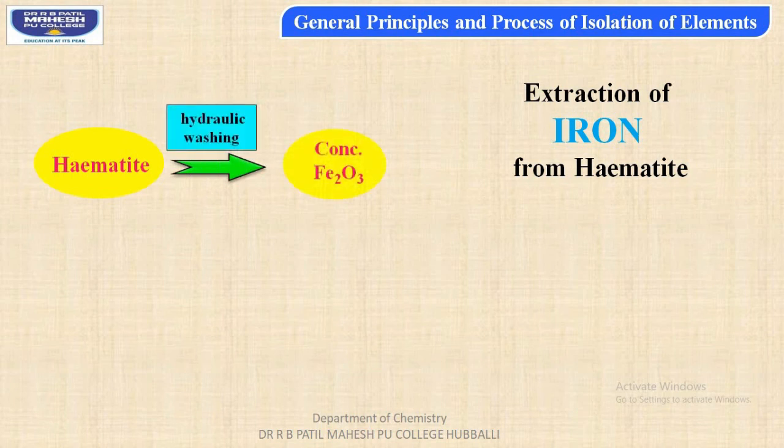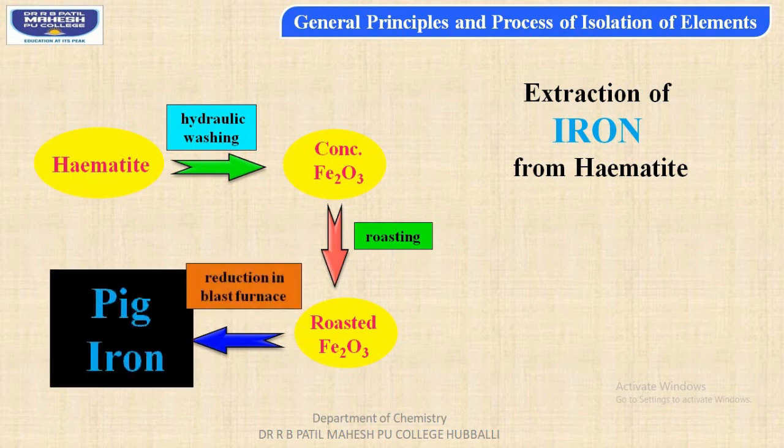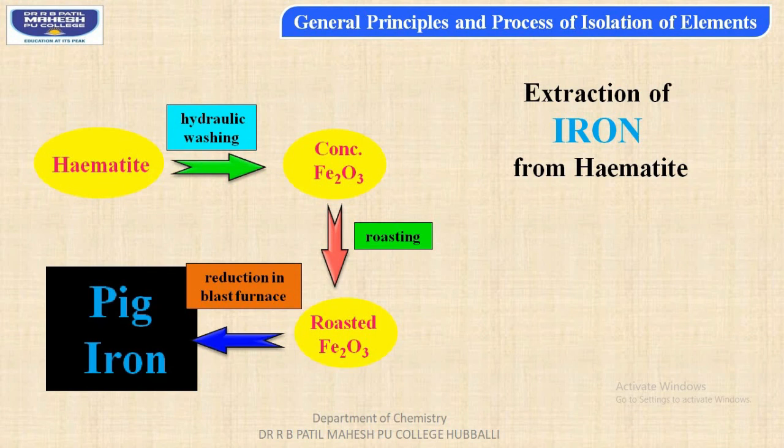So we get concentrated ferric oxide, which is then subjected to the roasting process, and we get roasted ferric oxide, and the roasted ferric oxide can be reduced by using the blast furnace to form cast iron. In this way, students, we can extract iron from the given hematite ore.